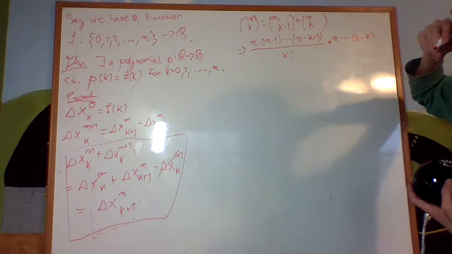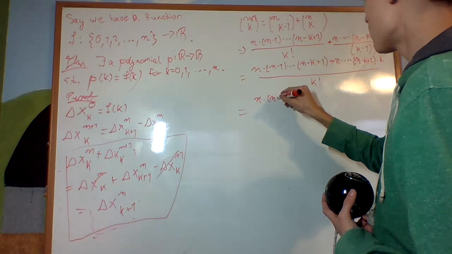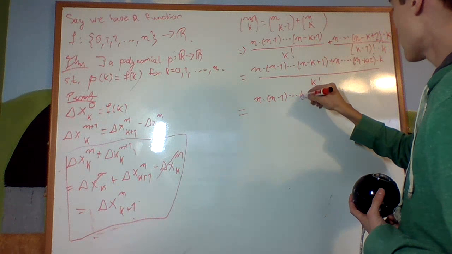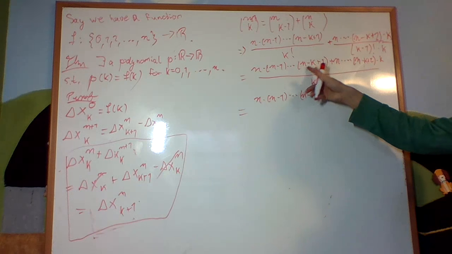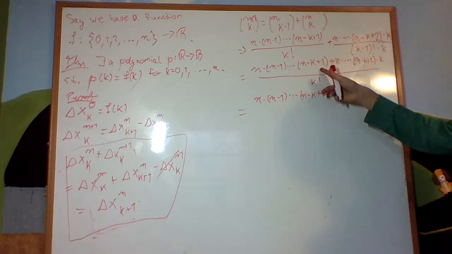So I could get that n times n minus 1 all the way down until n minus k plus 1 plus n all the way down until n minus k plus 2 times k over k factorial. Right? I can factor out here n times n minus 1 all the way down until n minus k plus 2, but I can't factor out further than that. So I'm going to have n minus k plus 1 plus k, which is just n plus 1.